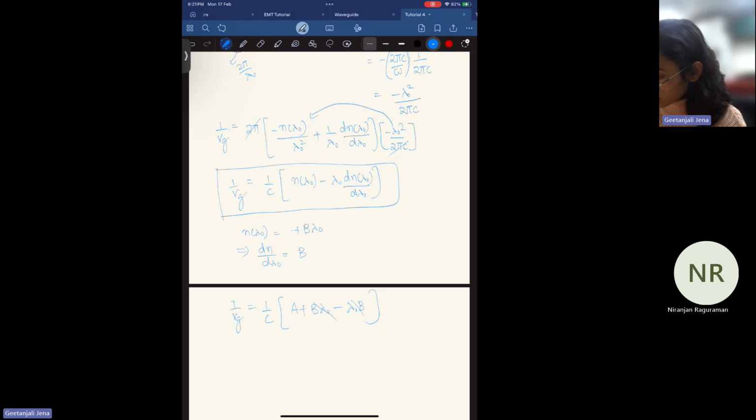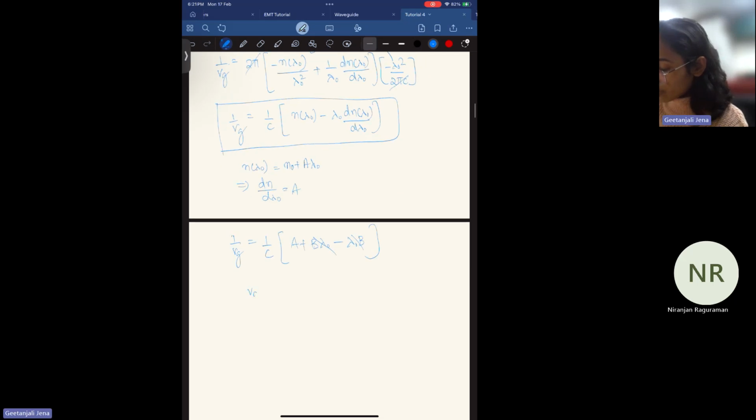So a lambda 0 minus a lambda 0 gives a, and Vp will be c by n0. Sorry for the mistake, I replaced b by a and n0 by a. This will give Vg as c by n0.